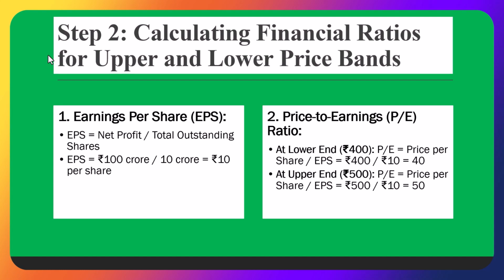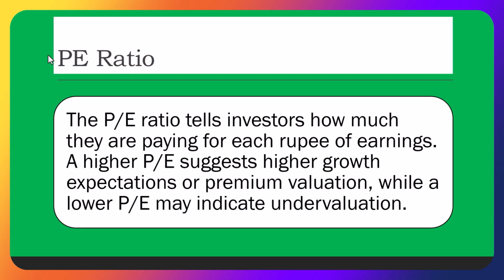Now whether it is high or low will depend upon when you compare with the industry, at what PE multiple the industry is trading. Okay, let's look at the second slide so it will get clarified. PE ratio. The PE ratio tells investors how much they are paying for each rupee of earnings. A higher PE suggests higher growth expectations or premium valuation, while a lower PE may indicate undervaluation.